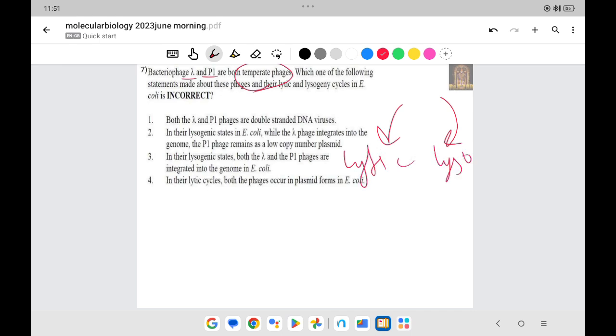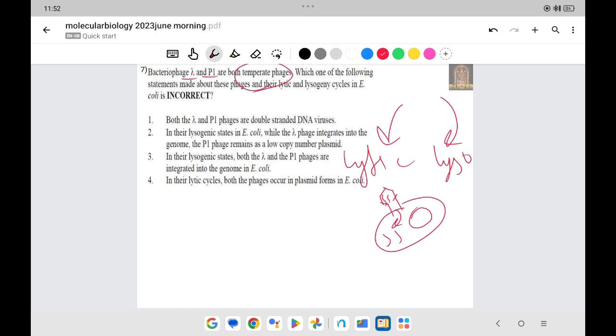In the lytic way, this is the bacterium cell, this is the bacterial genetic material, and this is the phage virus. It is incorporating its genetic material inside the cell via transduction. And here is the viral genetic material.